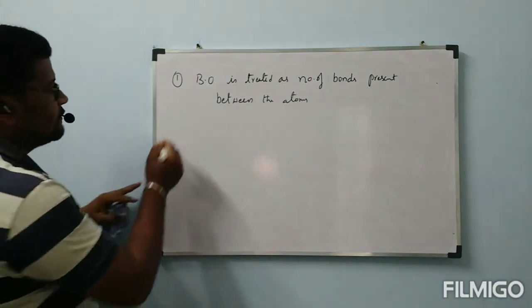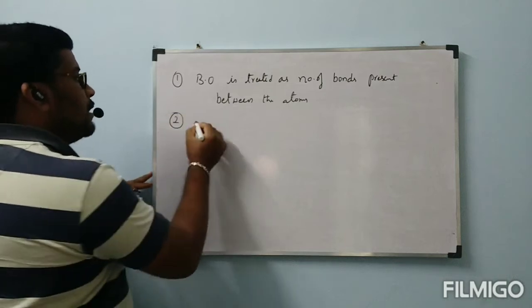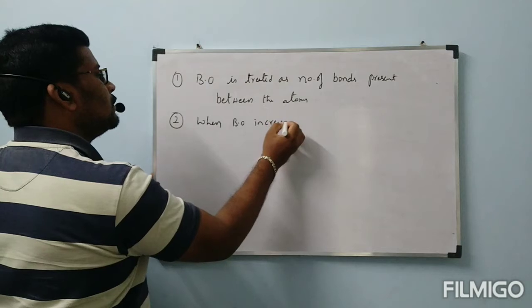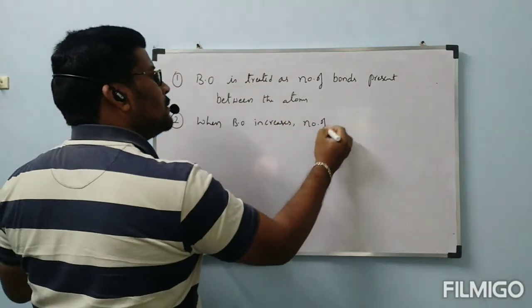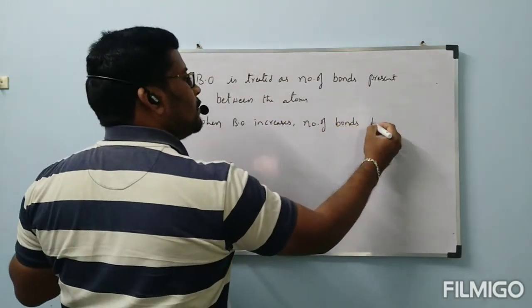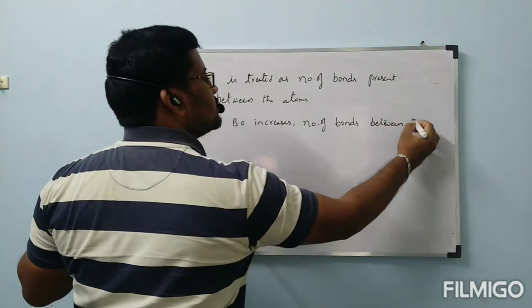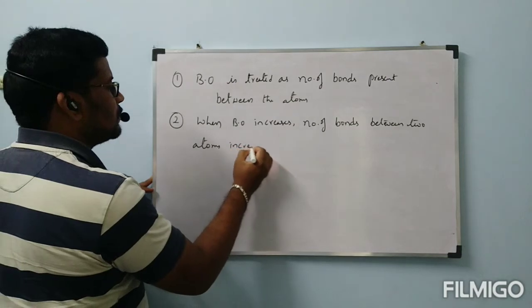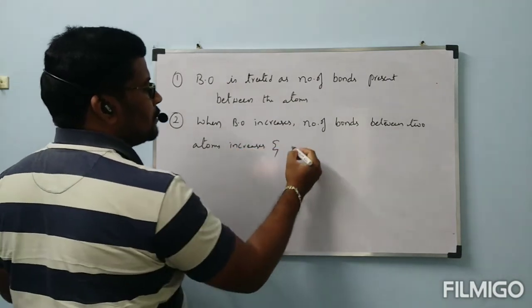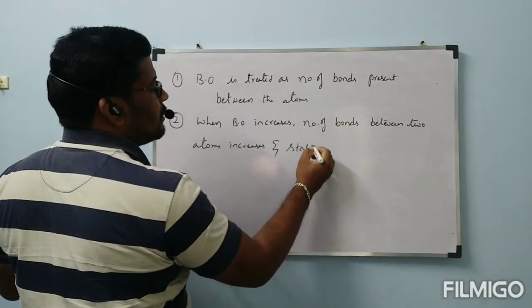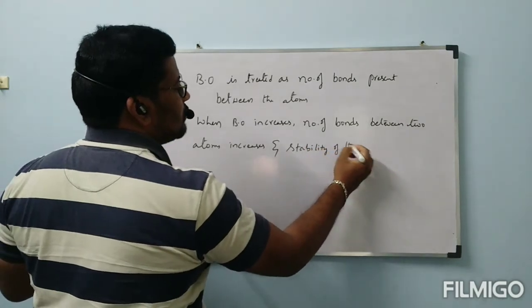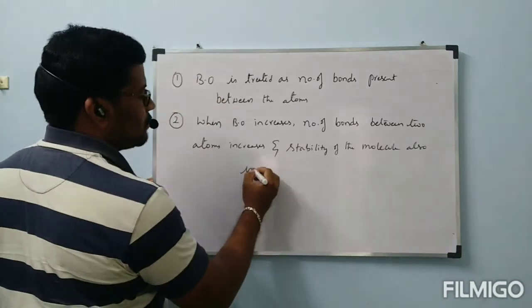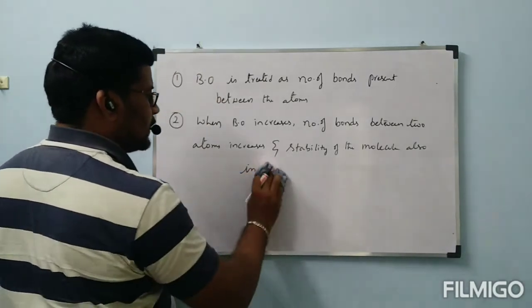Next, second one. When bond order increases, number of bonds between two atoms increases, and stability of the molecule also increases.